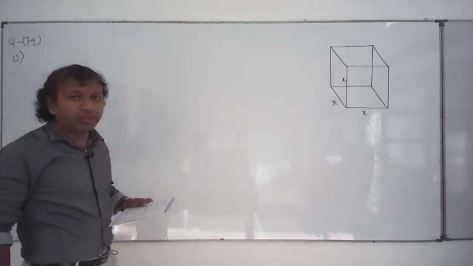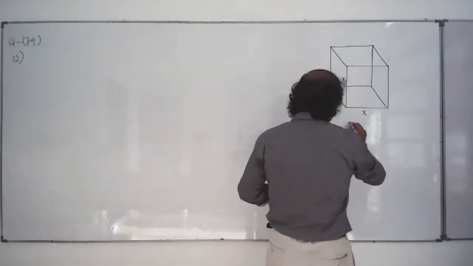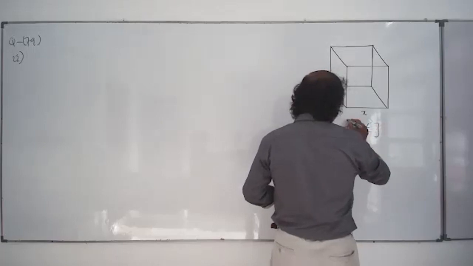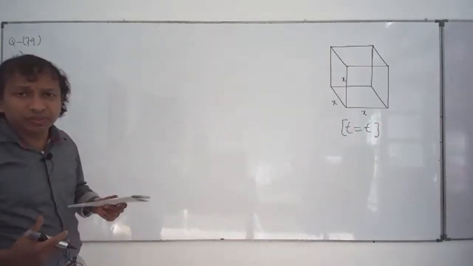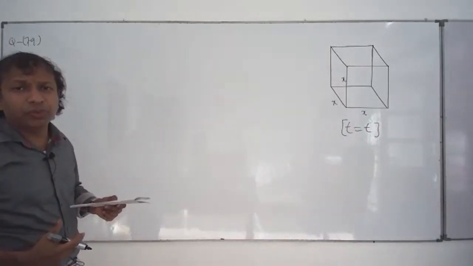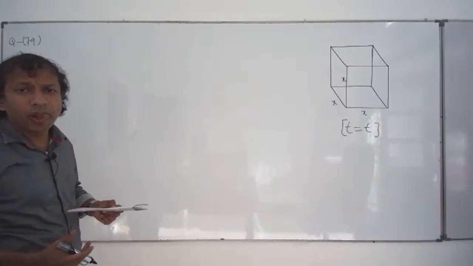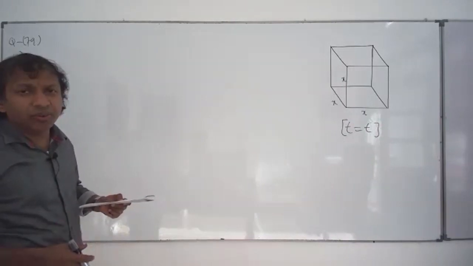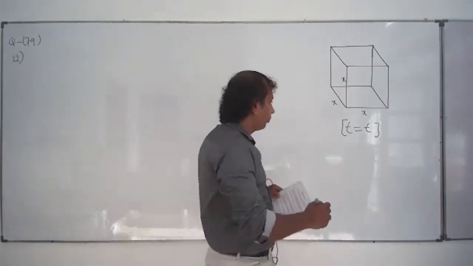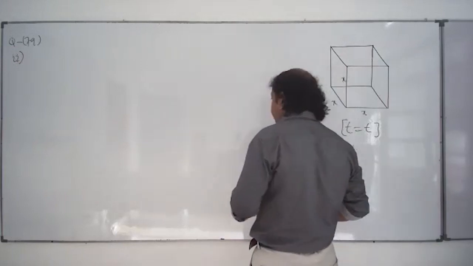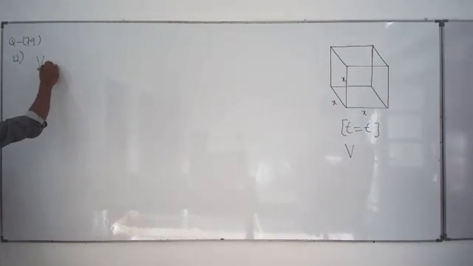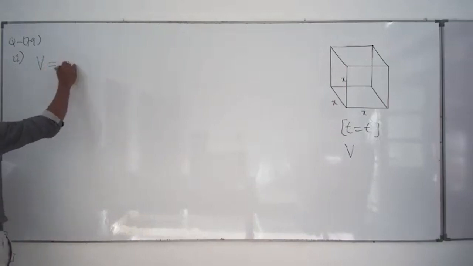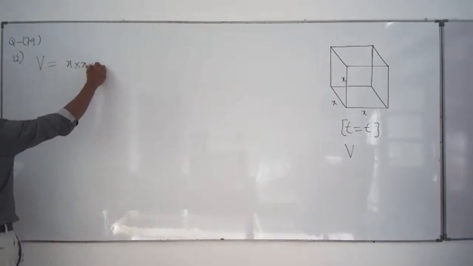This is at t equals t. T equals t means what, people? This thing starts and we allow a time t to elapse. Then we get the instant that we have drawn here. At that moment, we will take the volume as V. Then how to write the volume, people? V equals length, breadth into height, x into x into x.